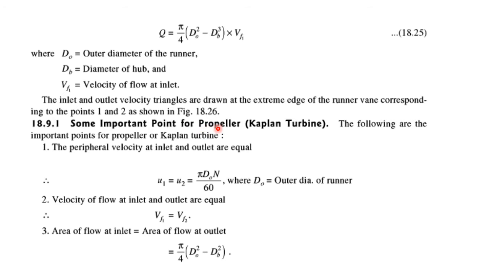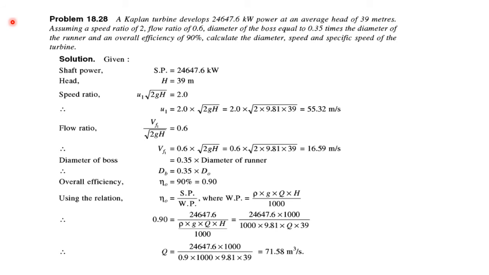Some important points for propeller turbine or Kaplan turbine: the peripheral velocity at inlet and outlet are equal, that is pi dO N upon 60, where dO is the outer diameter of the runner. Velocity of flow at the inlet and outlet are equal, Vf1 equals Vf2. Area of flow at inlet equals area of flow at outlet, that is pi by 4 multiplied by dO square minus dB square.